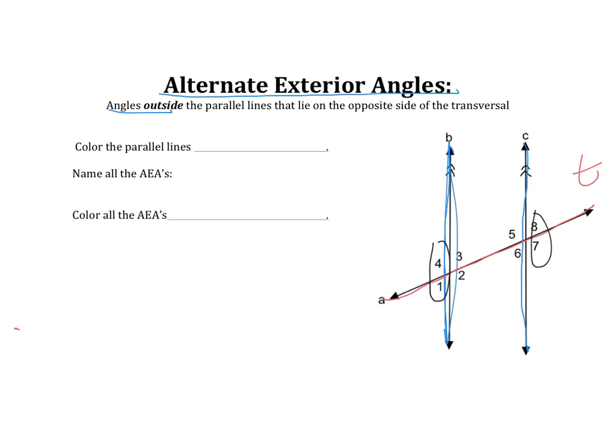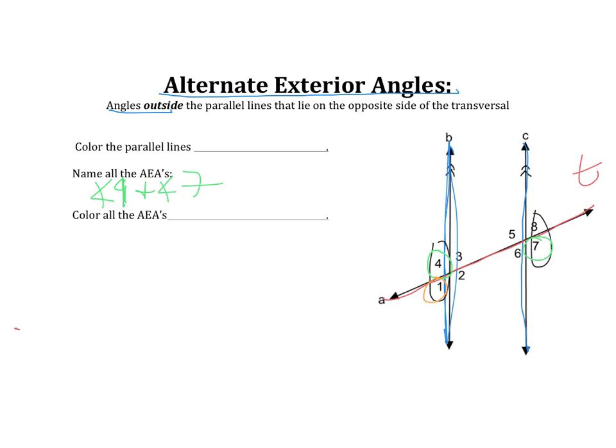So the ones that are alternate exterior, if you look at 4, it matches up with 7. So angle 4 and angle 7. And then I'm going to try to do this one in orange.